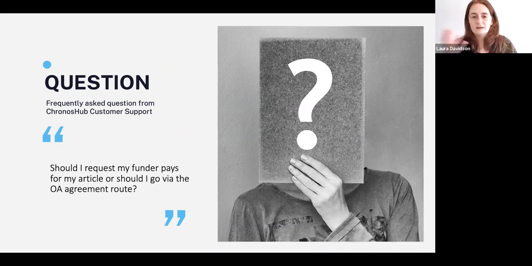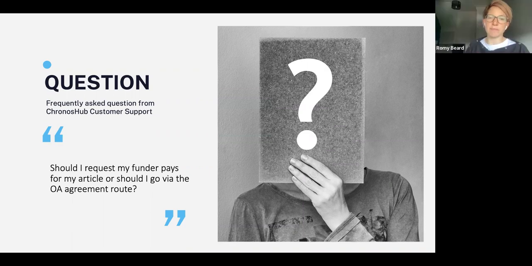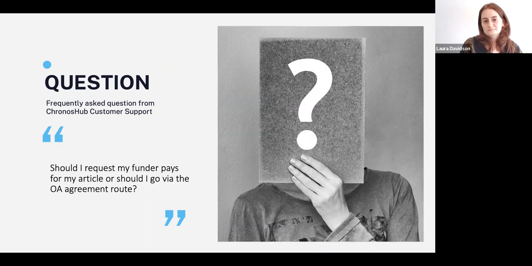So it's about thinking how institutions manage the different resources. And again, it's really important to check before you submit what your funder actually covers and what could be covered through an agreement. It could be a combination of both.